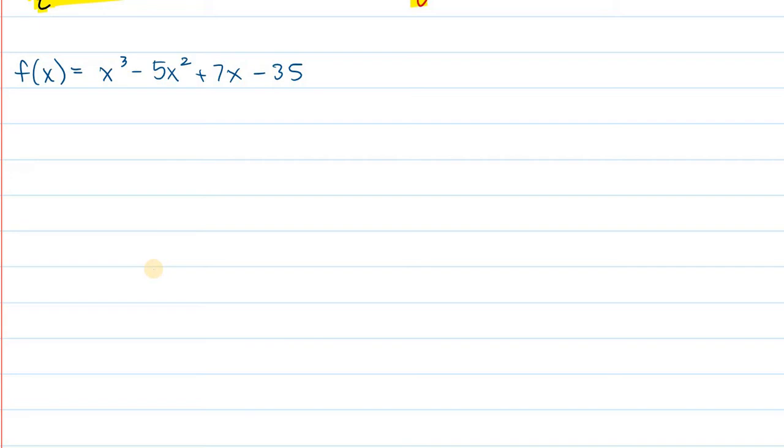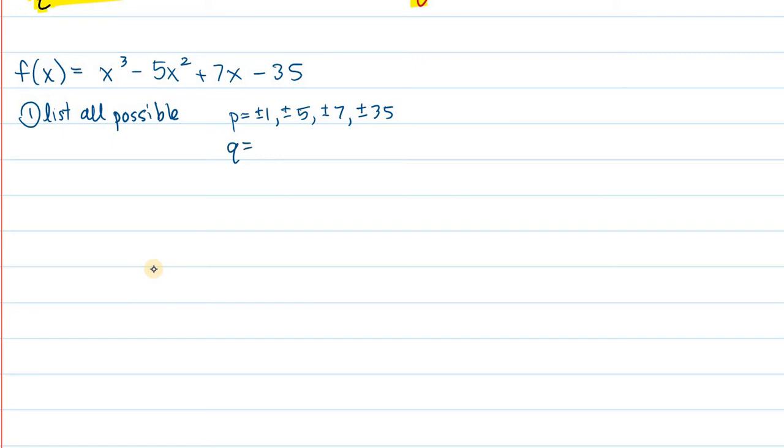So what we're going to start doing is we're going to list all the possible zeros. And recall, we'll do that by finding the factors of the constant term. In this case, it's plus or minus 1, plus or minus 5, plus or minus 7, and plus or minus 35.